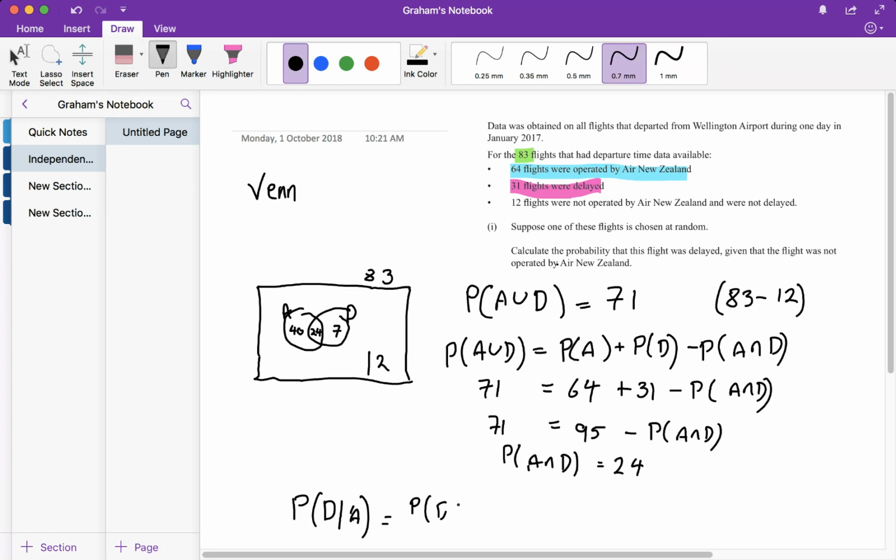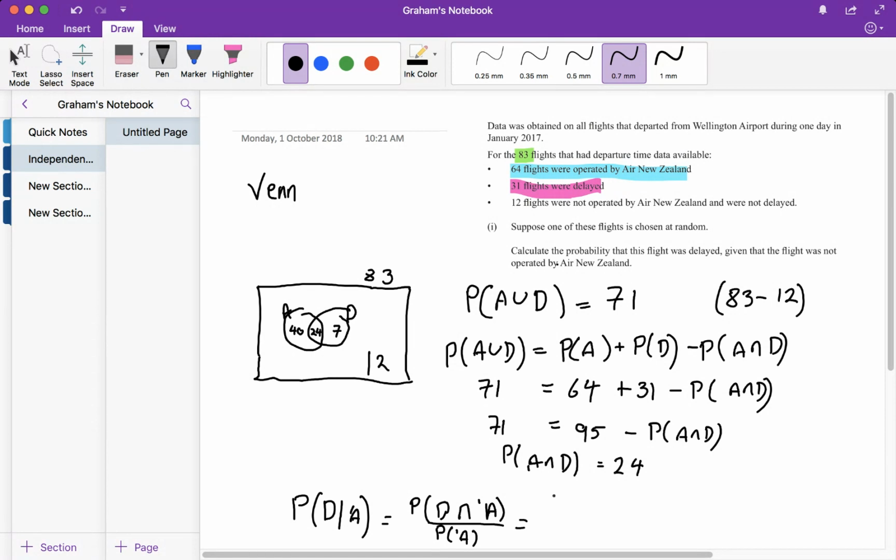So delayed and not Air New Zealand, and I need to divide that by the probability of not Air New Zealand. Right, so probability delayed and not Air New Zealand is 7, because I'm in this part of the circle.